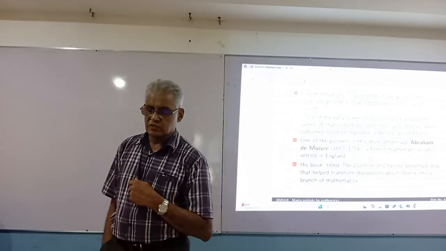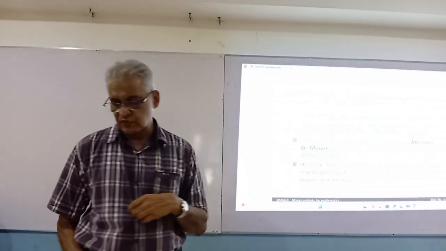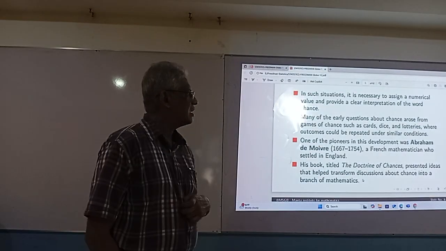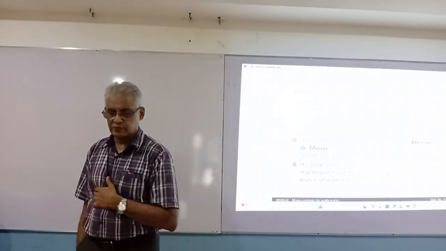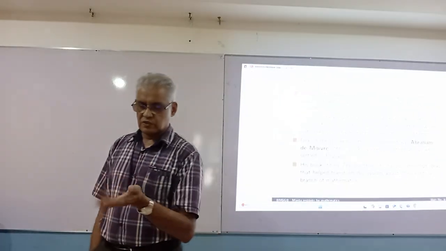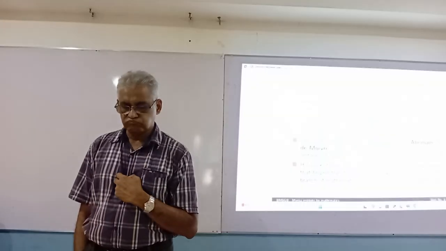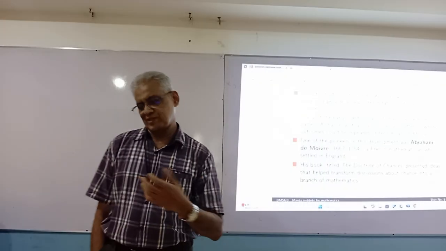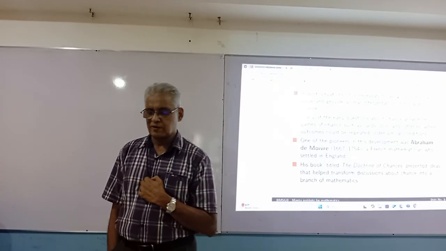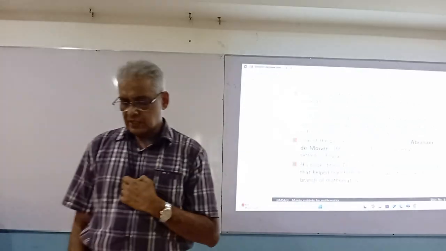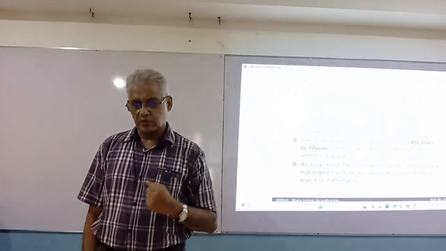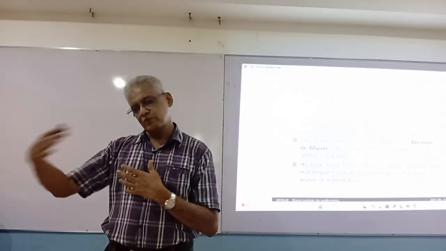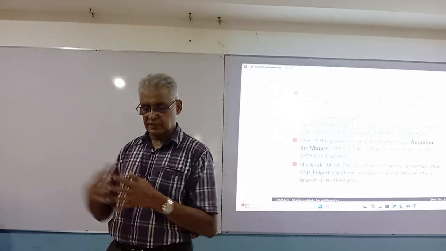Many of the early questions about chance arose from games of chance, such as card games, lotteries, and so on. So one person called Abraham de Moivre, a French mathematician I think, was the one who had this idea. So he gave this idea to some other mathematicians.